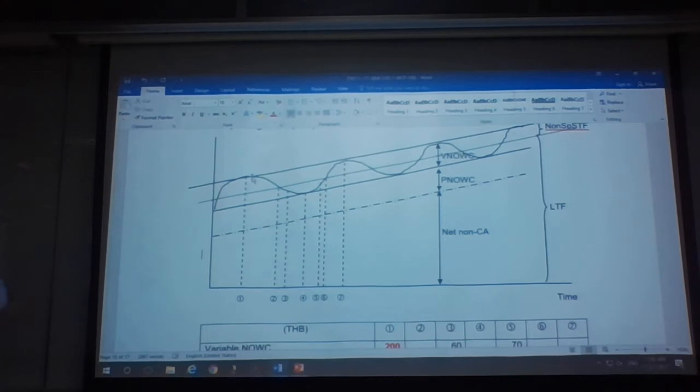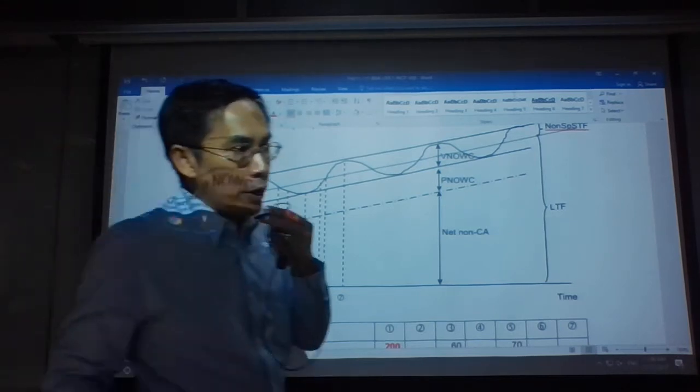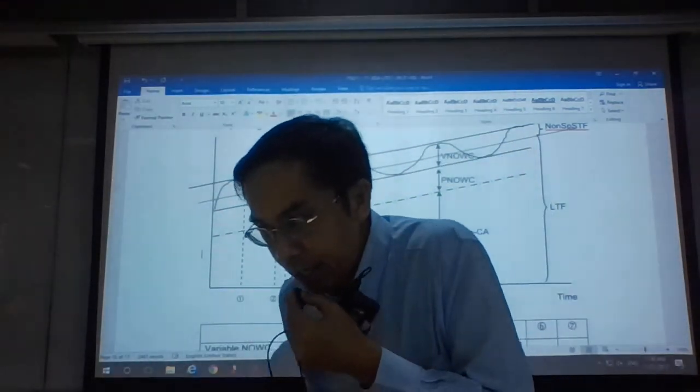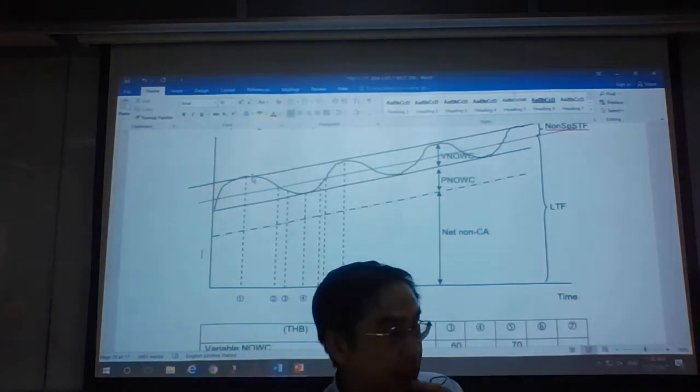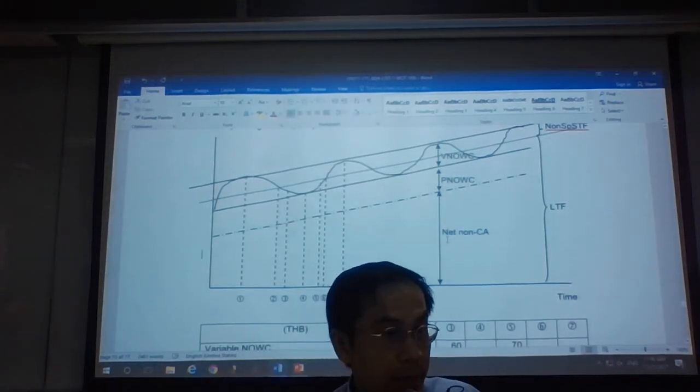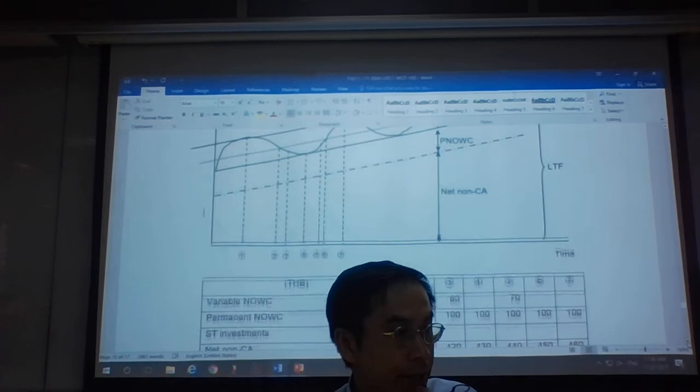However, you don't have excess cash at point 2. Therefore, there's no short-term investment either. So at point number 2, just complete the table here.